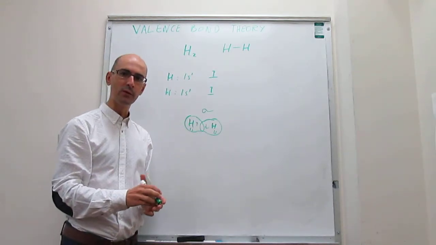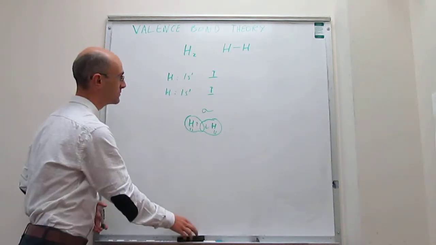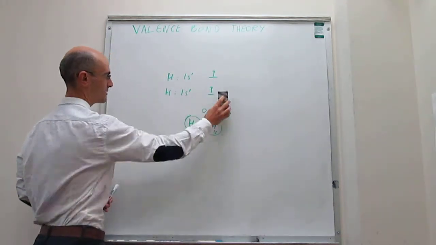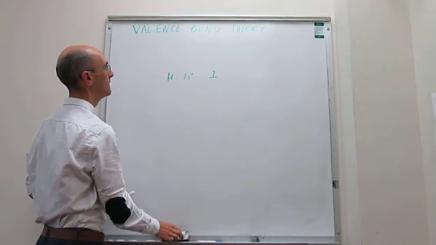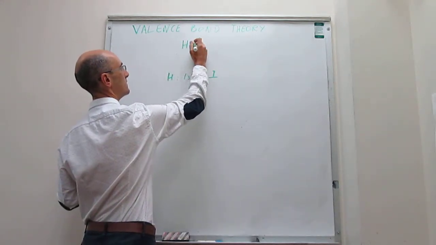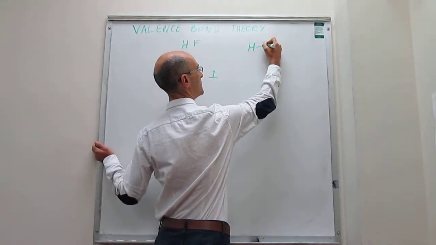We're going to do a couple more examples here for the illustration of valence bond theory. Let's try to do HF. We can write this molecule, HF, and then try to draw here the Lewis-dot structure.